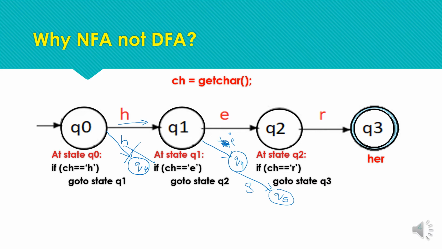So now in case of a DFA, we can have the programming like at Q1, if the character is E, then move to one state, or else if the character is I, then move to state Q4. So only DFAs are going to be implemented.